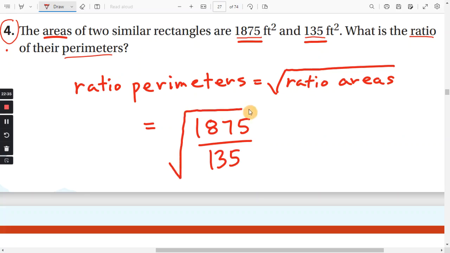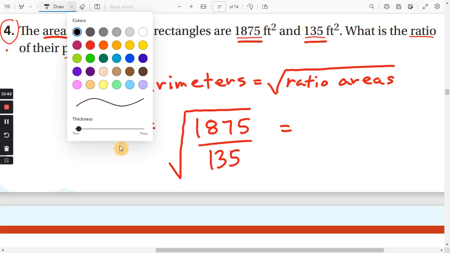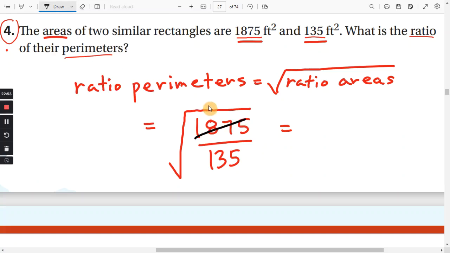Now, before I do any square root, I am going to reduce. These both end in a 5, so I'm going to do 1875 divided by 5, and I get 375 for the numerator. And 135 divided by 5 gives me 27 for the denominator.